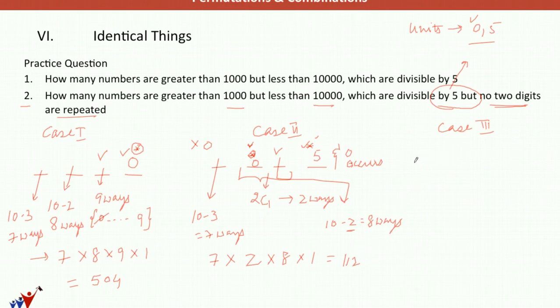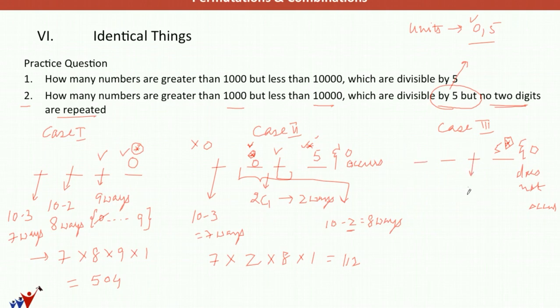Let's look at case 3. In case 3, the only numbers that are left to be counted are those which have 5 in the units place and 0 does not occur. So 0 does not occur. So now I have 3 more places to be filled.